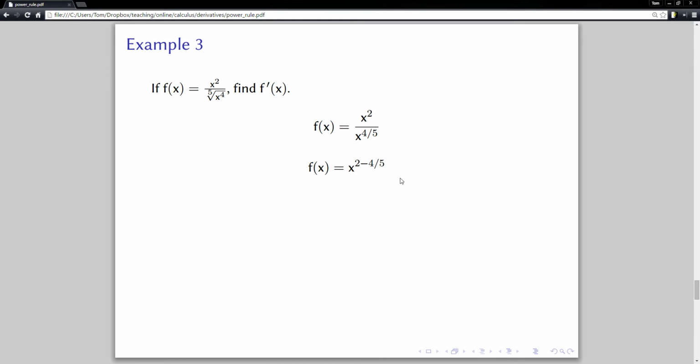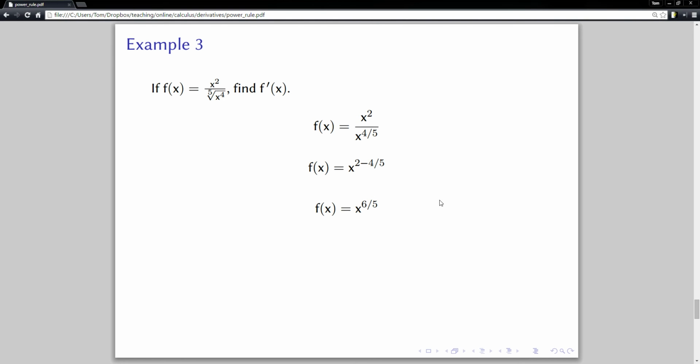So x squared divided by x to the 4/5 is the same as x to the 2 minus 4/5. Now we go ahead and subtract 4/5 from 2. 2 minus 4/5 comes out to be 6/5, by getting a common denominator: 2 is equal to 10/5, and then 10 minus 4 is 6 up here.